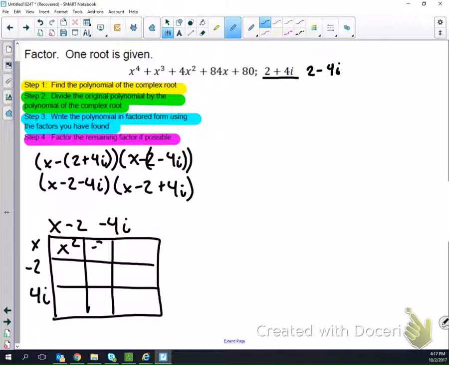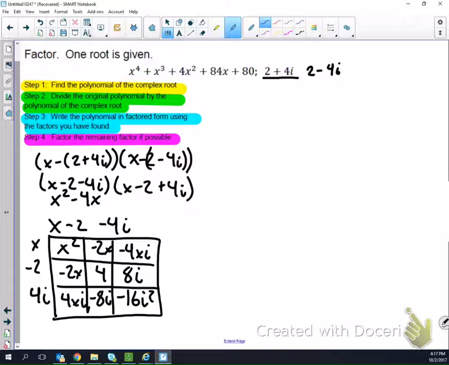So x squared, negative 2x, negative 4xi, negative 2x, 4, 8i, 4xi, negative 8i, and negative 16i squared. All right, so now that I've got that, I know that my polynomial should be an x squared minus 4x.